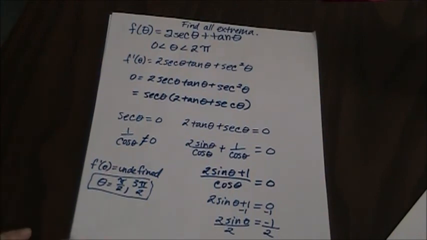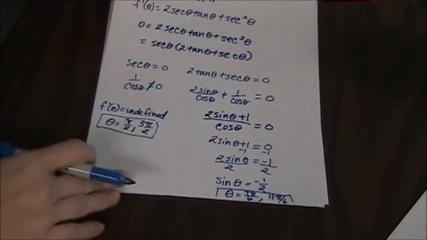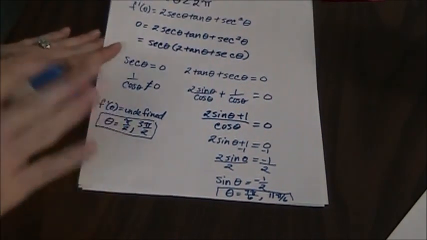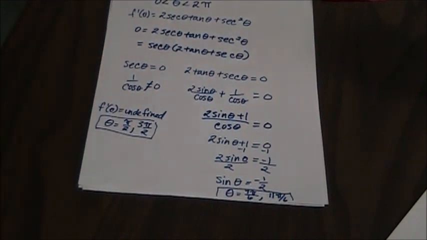So looking at my critical values, I need to create a sign chart, which means I need to put them in ascending order. So I need to find the lowest and the highest. Now, let's say for a minute we're not able to work with our calculator. How would I put these in order without my calculator? Well, the way you compare fractions is you give them all a common denominator.